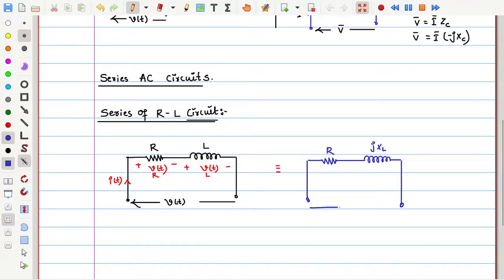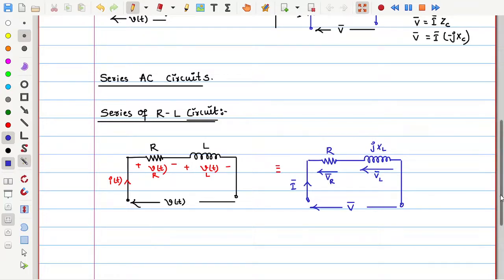Now everything I will show in phasor form: V bar is the total voltage, the current passing through this is I bar, the voltage across this resistor is VR bar, and the voltage across the inductor is VL bar. This is the frequency domain equivalent.